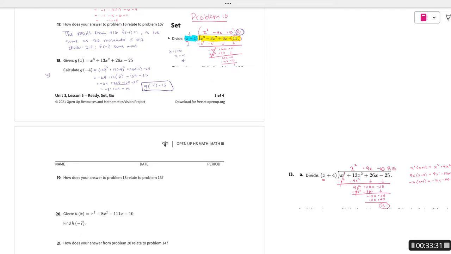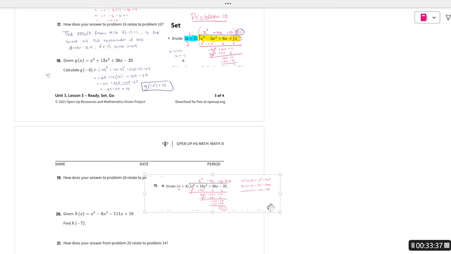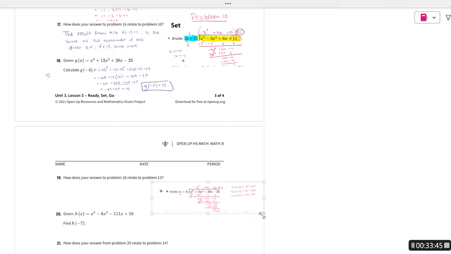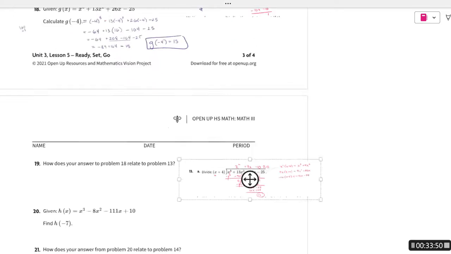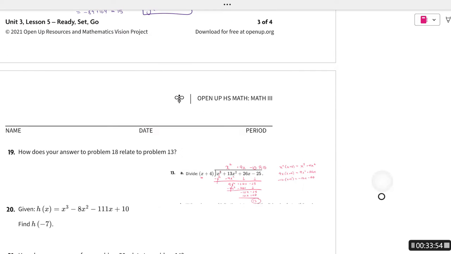Apologize, I thought I paused the screen so you wouldn't have to watch me go back up and grab a snapshot, but I guess I didn't actually hit pause. So there's question 13. Okay, let me make that a little bit more on the page. So let's do some comparisons. There we go.